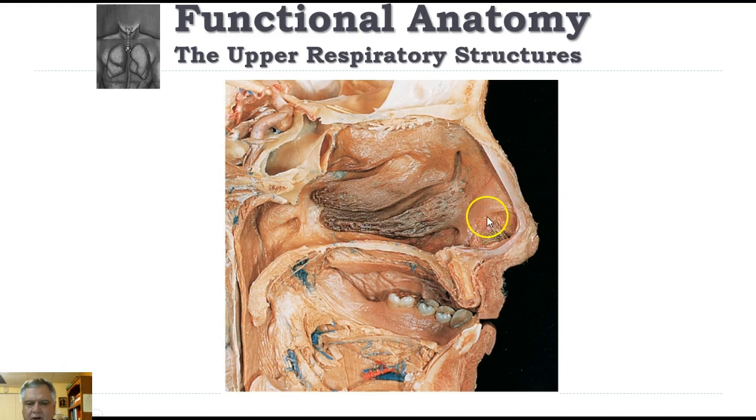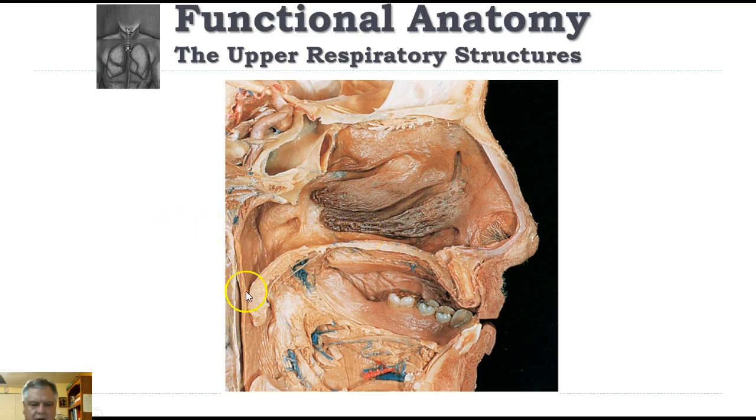This is the vestibule, and then behind the vestibule we can see the main nasal cavity. We can see the nasal conchae right here, and that they're covered by a mucous membrane. And we can see the 1, 2, 3 passageways there that we talked about.